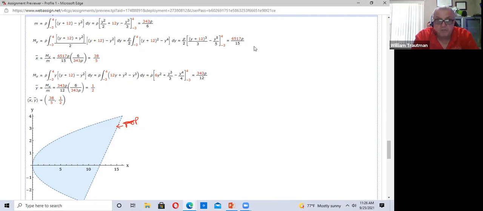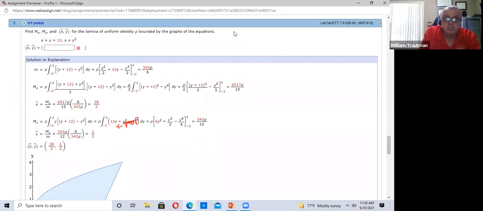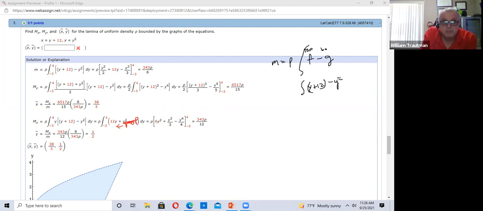So if we go to all our formulas, go to your planar lamina formulas, and I'm going to write them down. The ones that you should have written down: mass equals the density times the integral of F minus G. There's the mass. F was the top, once again top minus the bottom. The top was y plus 12 and the bottom was y squared.